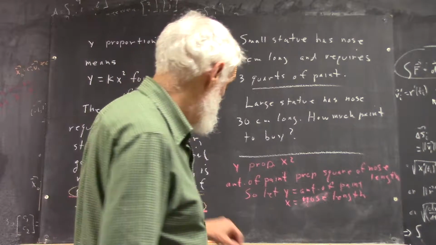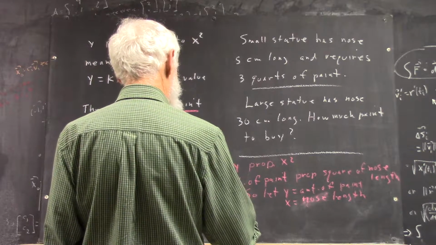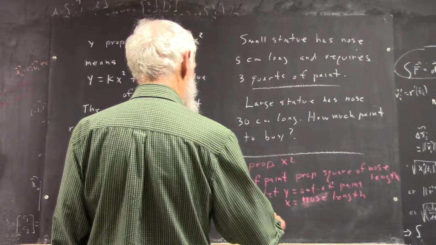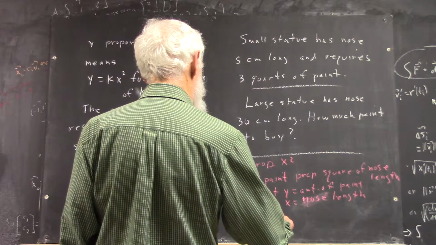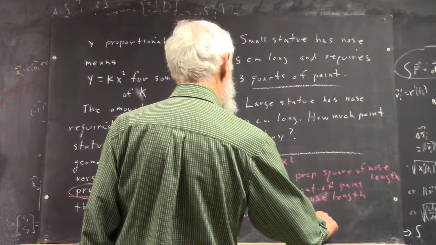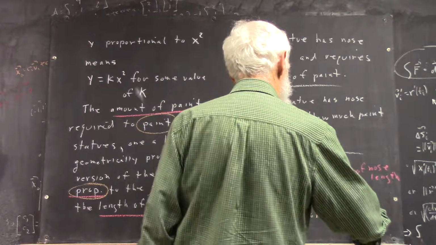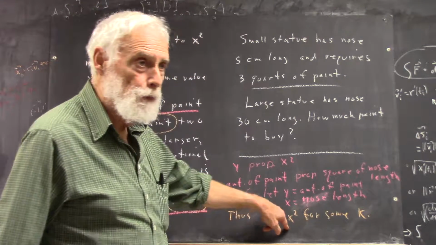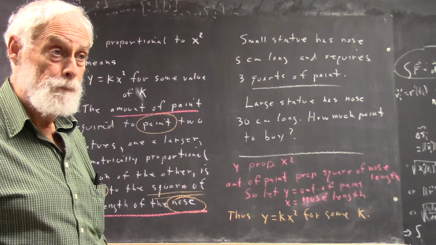Okay, so now we can say that for this y and this x, y equals kx squared for some k, right?